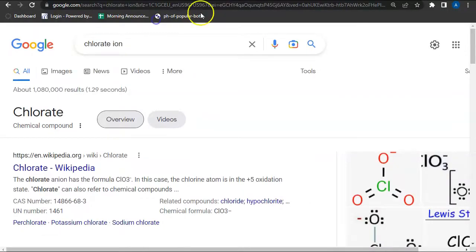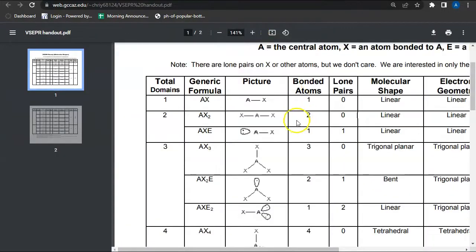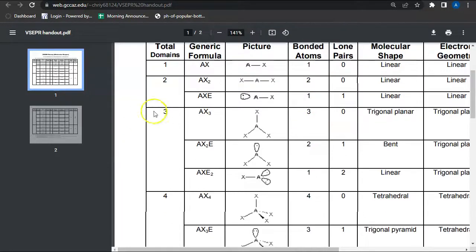Actually, I want to look at not chlorate, but my VSEPR table. If I find 3 domains, it's either going to involve bonded atoms or lone pairs. I said all 3 involve bonds, right? There were no lone pairs. So it's going to look like this shape here, the trigonal planar, meaning it's all flat.